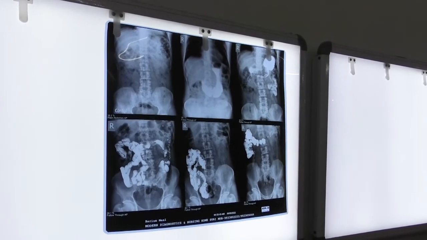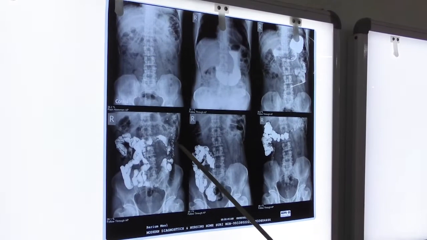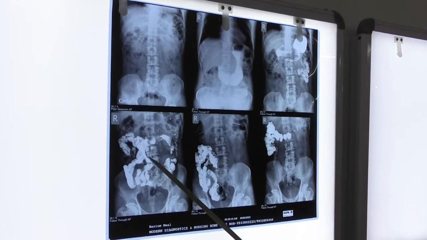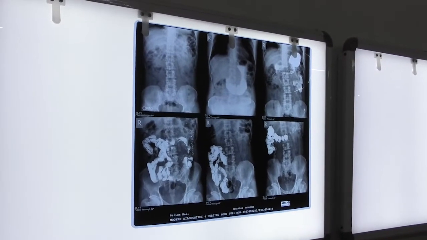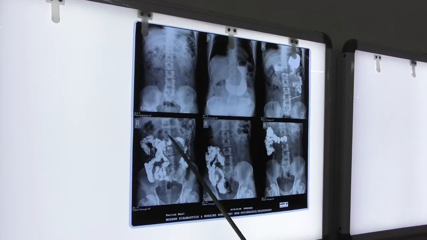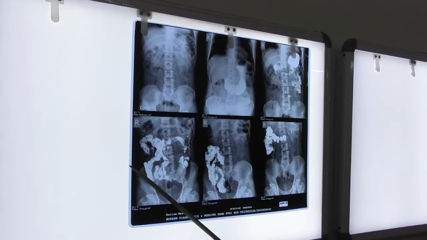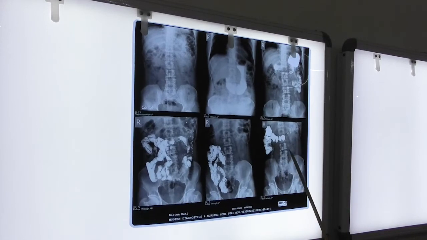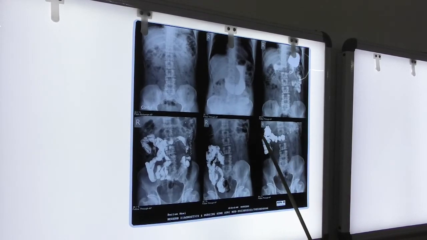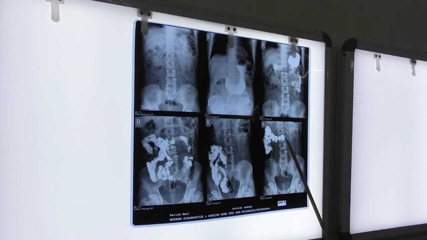Radiograph, what is the barium swallow? This is barium meal. We can see the feathery appearance. This is barium follow through, where dye has entered inside the small intestine. And here we can see the dye within the large intestine.